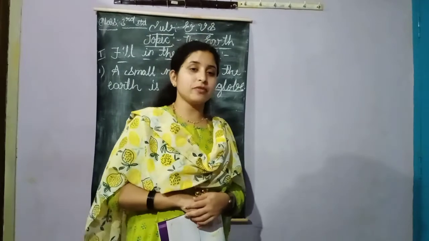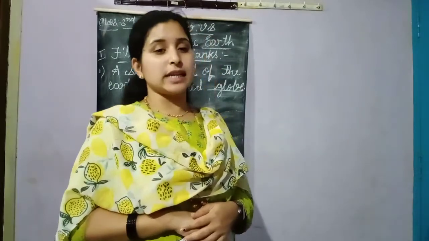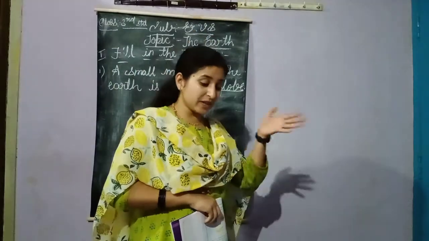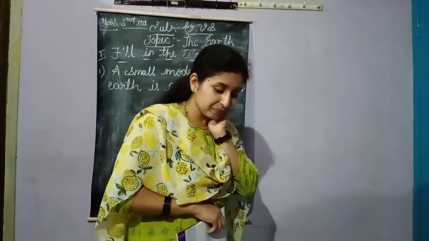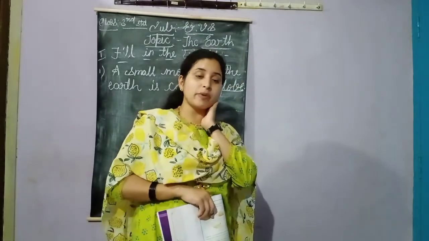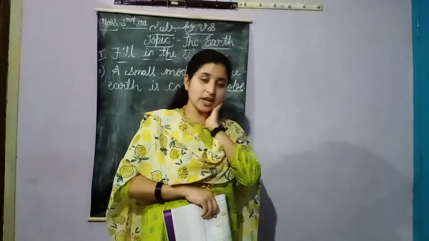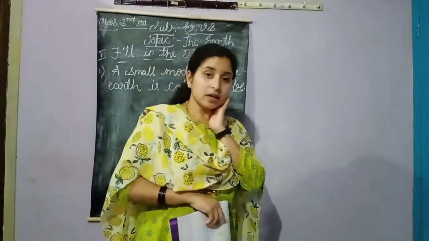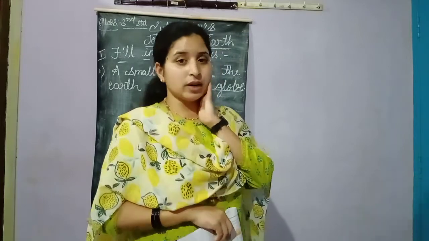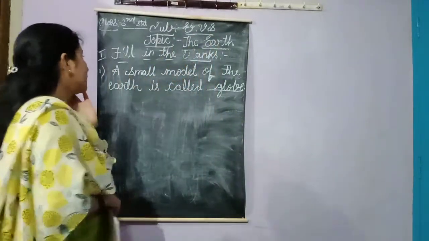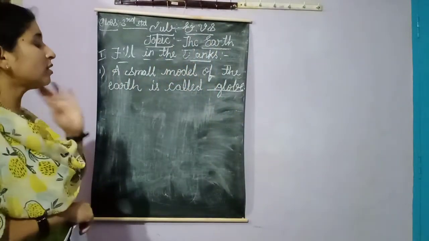They are just imaginary lines used to find out the location where a place is exactly located, and the distance between places. That is longitude and latitude. Understood? Okay.